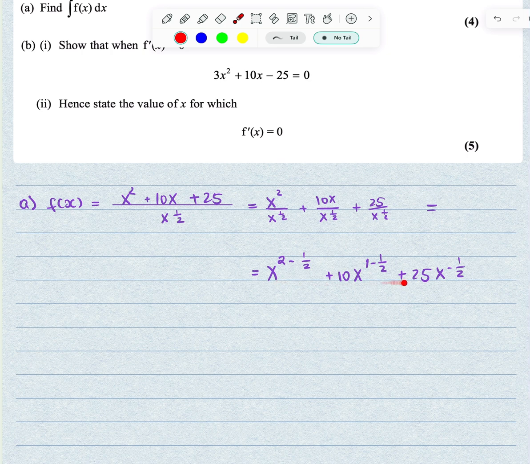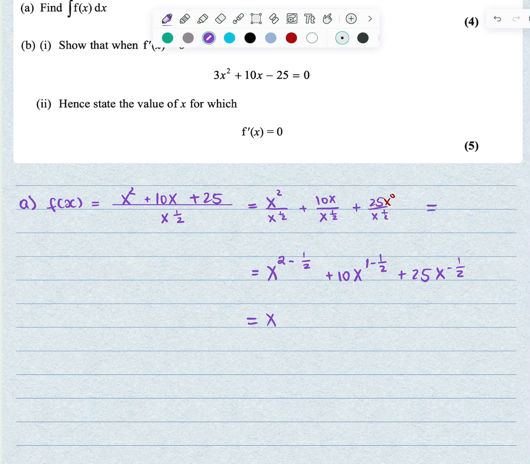Those are the things where I applied the basic index law: if we divide with the same base, we subtract the powers. And the same here, you can imagine that 25 as 25x to the power of 0. If I apply the same rule, it's going to be x to the power of 0 minus 1/2, which is negative 1/2. So you can use a calculator for subtracting these fractions.